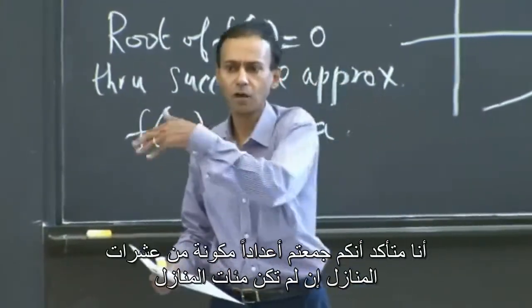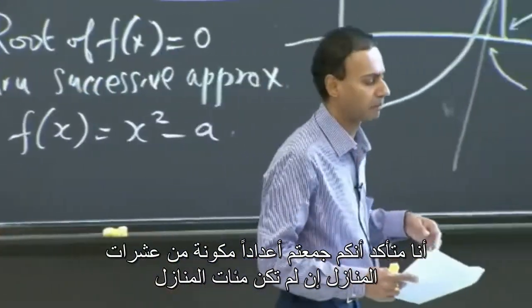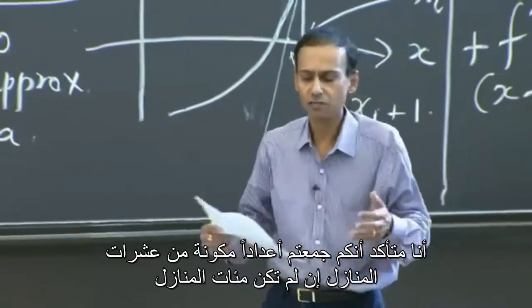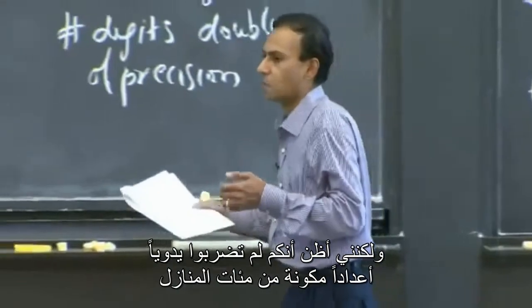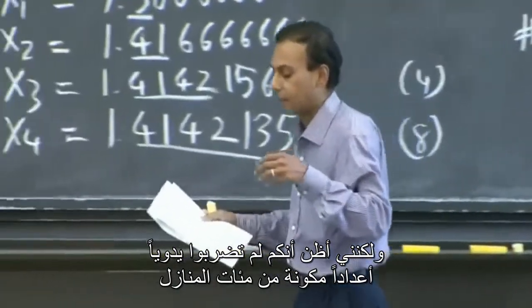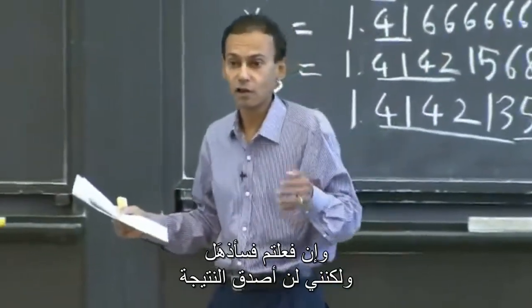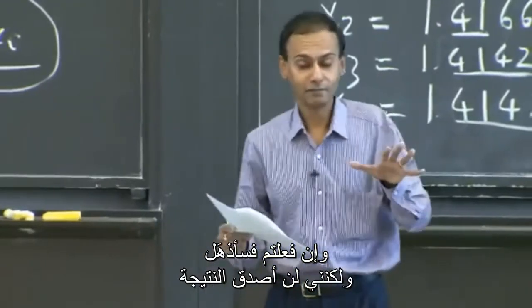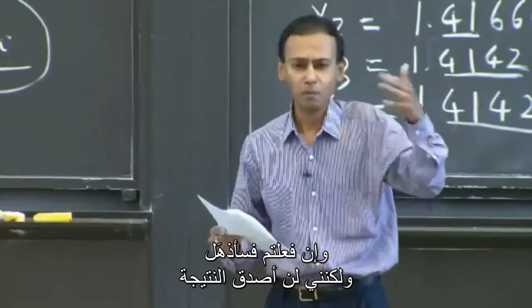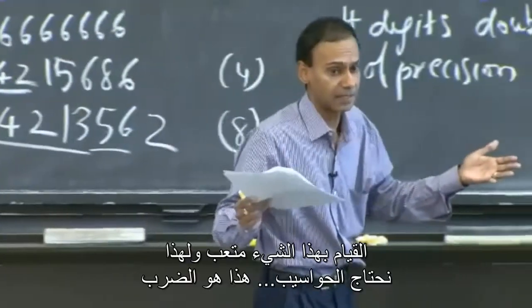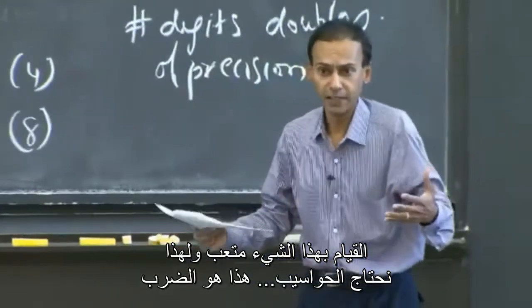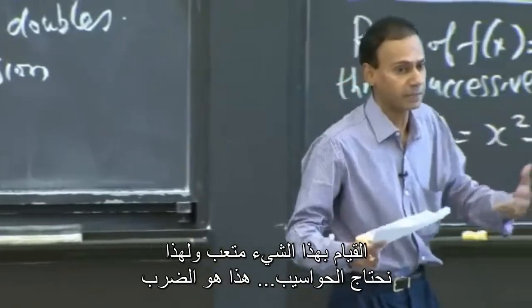And I'm sure you've added up numbers that are tens, if not hundreds of digits long, but I'm guessing you haven't manually multiplied numbers that are hundreds of digits long. And if you have, I'd be impressed, though I won't believe your result. But that's something that is kind of a painful thing to do, and so that's why we need computers.